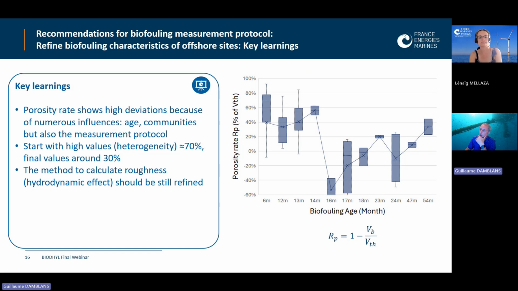Also, again, we try to have a look at the porosity rate, which is defined at the bottom of the slide.